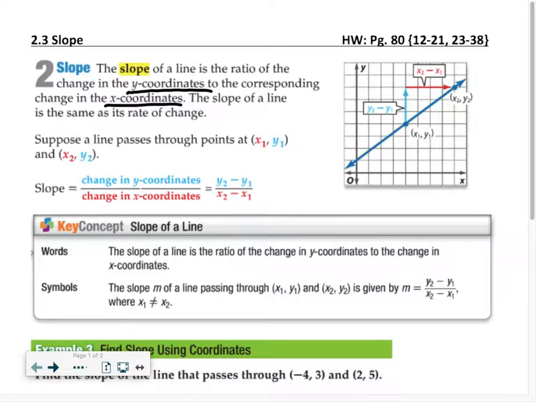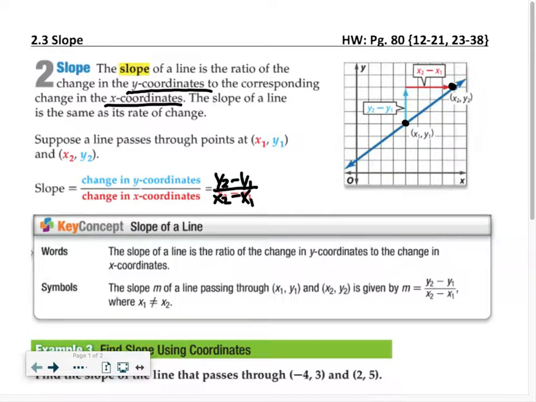Alright, so guys, slope isn't anything that is new to you. You've found slopes. If you've got a line drawn on a graph, again, the slope is the difference in the y values, y2 minus y1, over the difference in the x values, x2 minus x1.